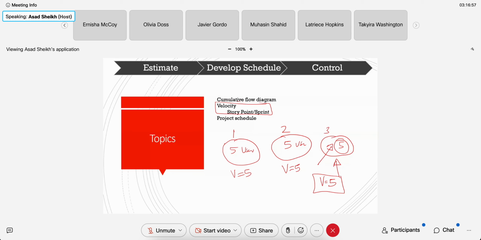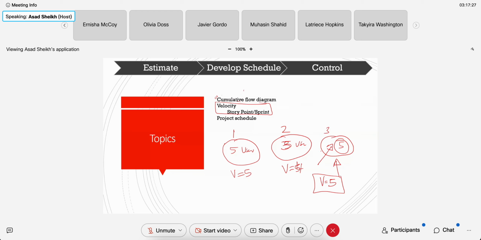So let's say your velocity goes from 5 to 3. Here was 5, it went to 3, and now your average velocity is 5 plus 3, 8, divided by 2 is 4. Now your velocity went to 4. So now you are thinking, I hope I can do 5 as I had done in the first sprint.